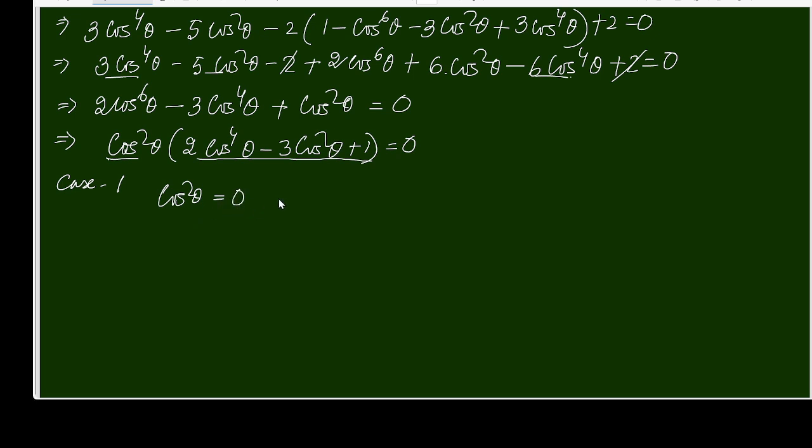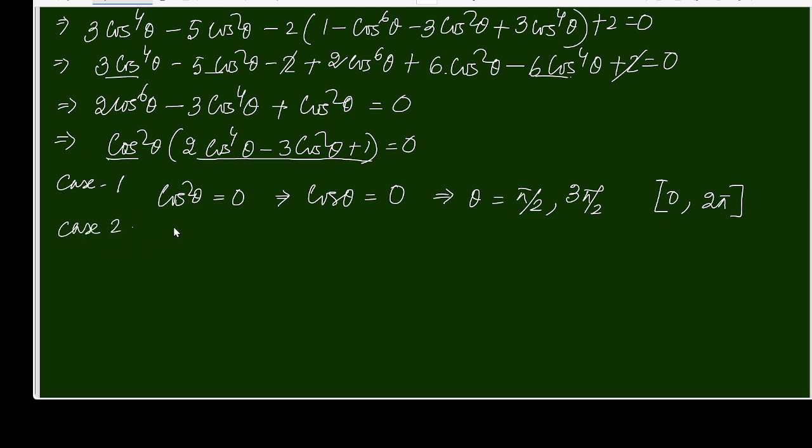This gives me cos theta equals 0. This gives us theta equal to pi by 2 and 3 pi by 2. The interval is 0 to 2 pi, included.